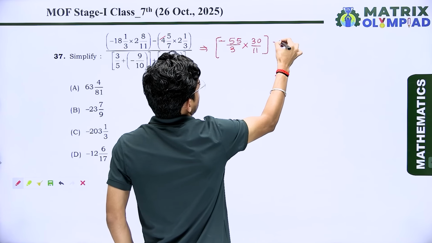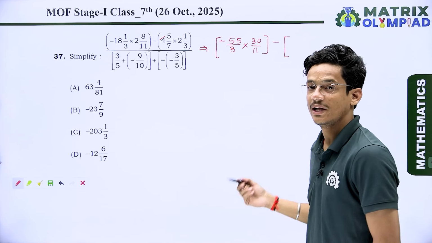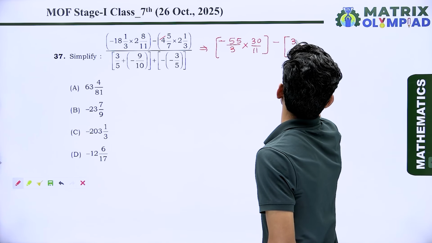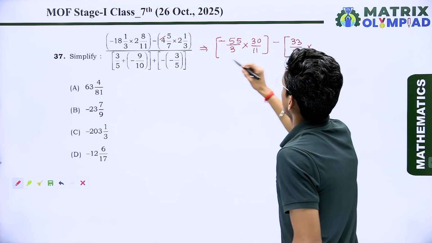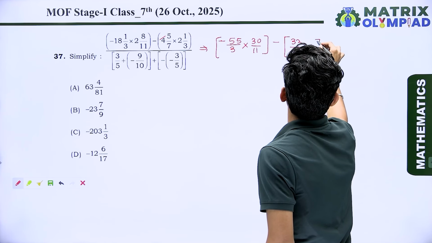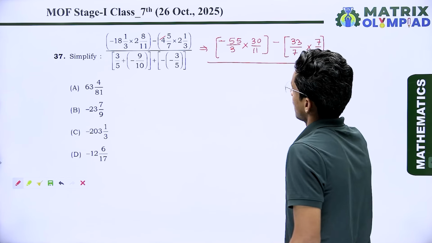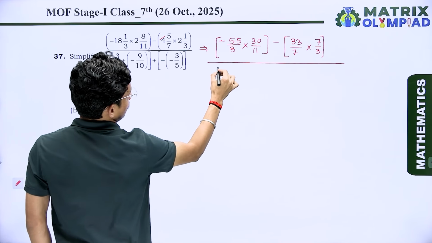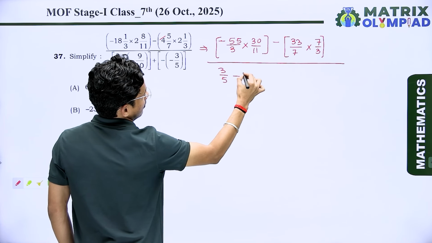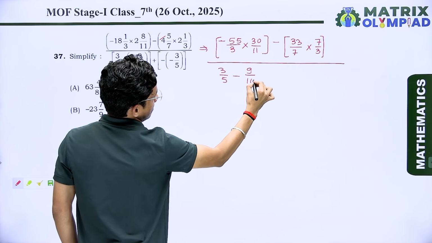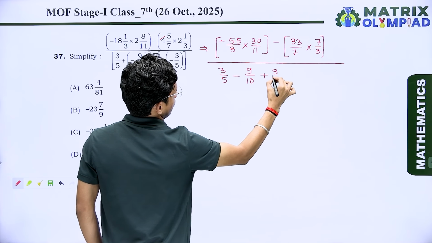Here we take the minus sign. 7 times 4 is 28, and 28 plus 5 is 33, so I can write 33 upon 7. Multiply. 3 times 2 is 6 plus 1, 7 upon 3, divided by 3 upon 5, and minus plus minus 9 upon 10, and here minus plus 3 upon 5.